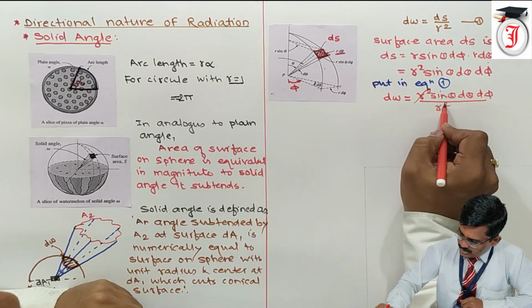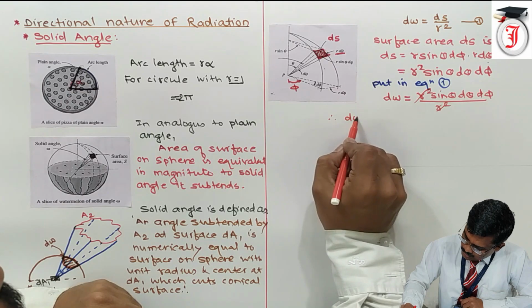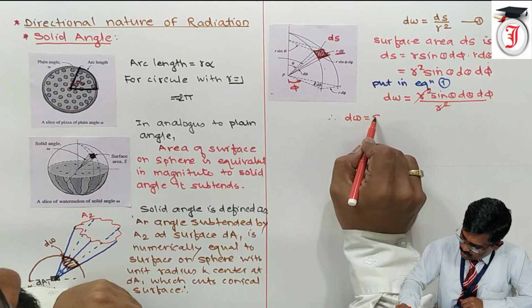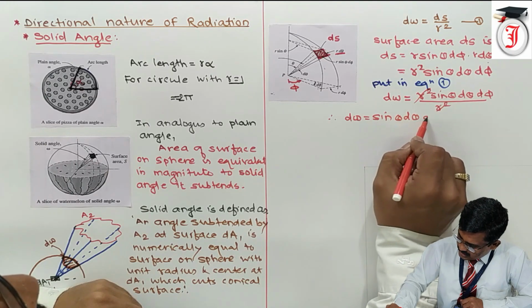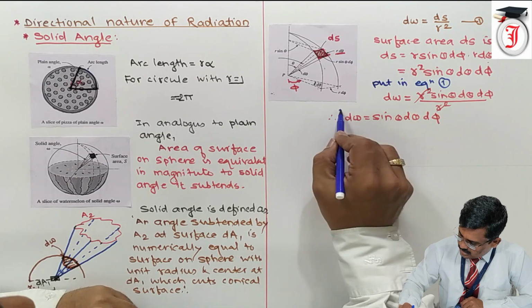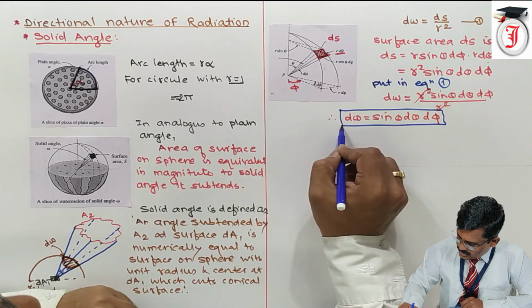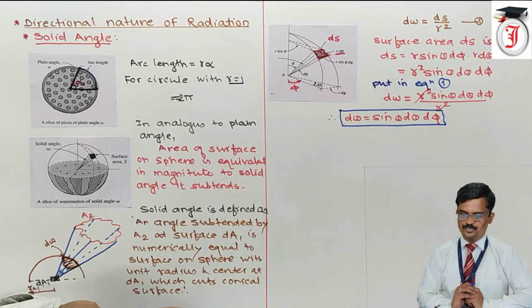So this r square gets cancelled, therefore d omega is equal to sin theta d theta d phi. So this is the solid angle subtended by this surface area ds.